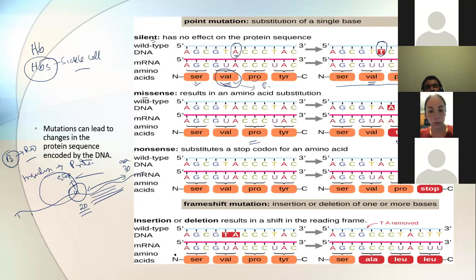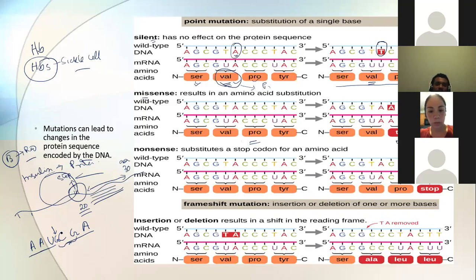Okay, insertion. So shift in the reading frame. So I had the sequence A, U, C, G, A. So I have two codons. In between U and C, if one base has been inserted, the cell will start reading differently.